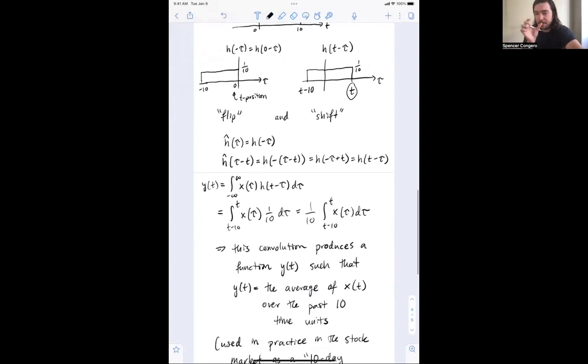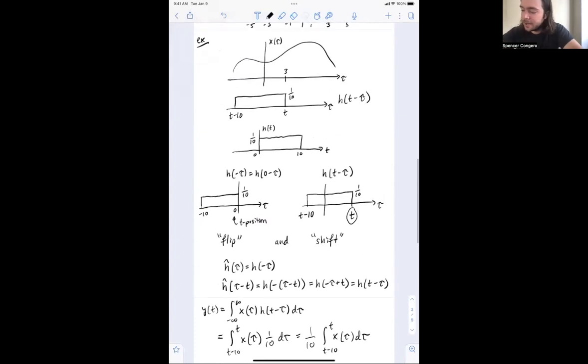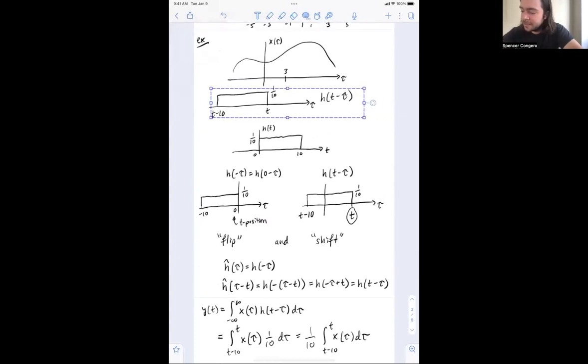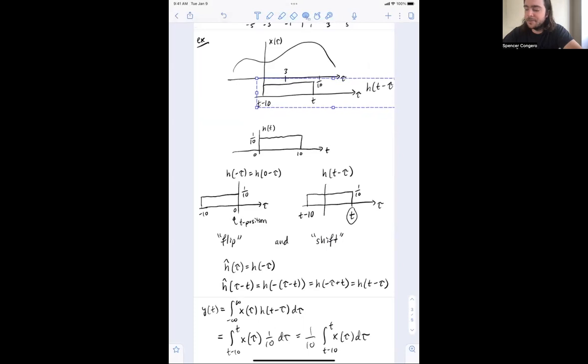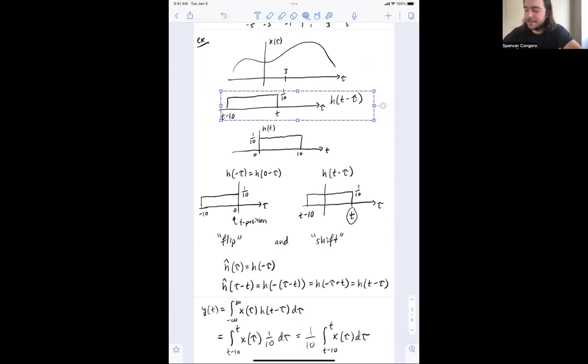So you're just kind of applying, as you move this across, at any time t, these weights and integrating. So right here, we take the weighted average of maybe the past 10 time units before time equals 10 in this case, right? You can move this across and just keep getting that weighted average, applying the weights of this function to the function above and integrating.